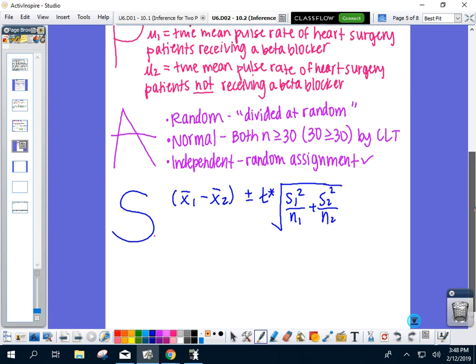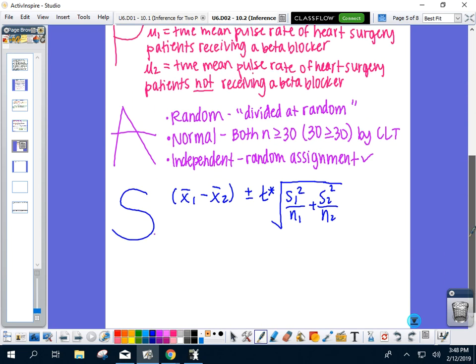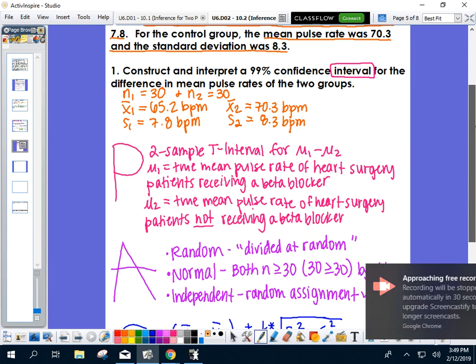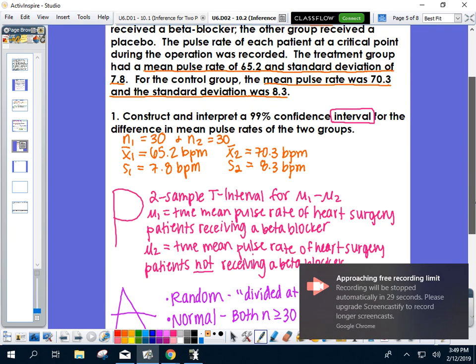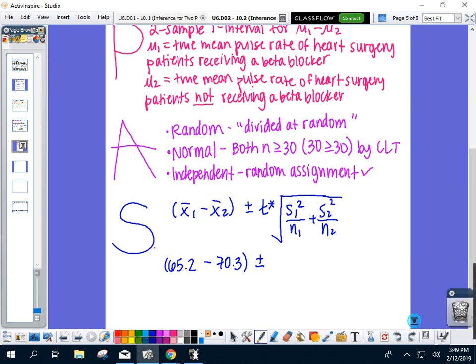Fill in what we wrote down. x bar 1 was 65.2, minus x bar 2, which was 70.3, plus or minus. All right, now we need to find the t star for 99%, which we will do in the next video. We'll pause here so I can record a new one.